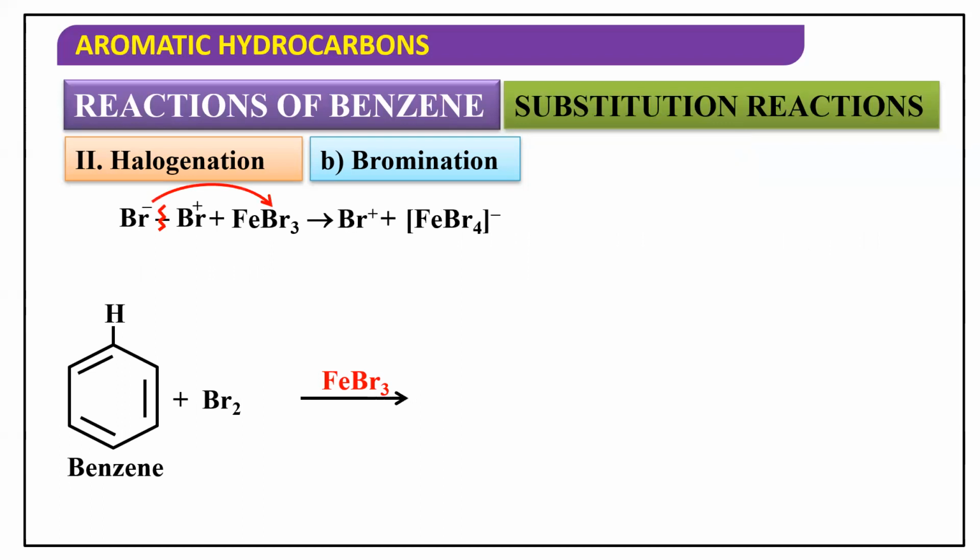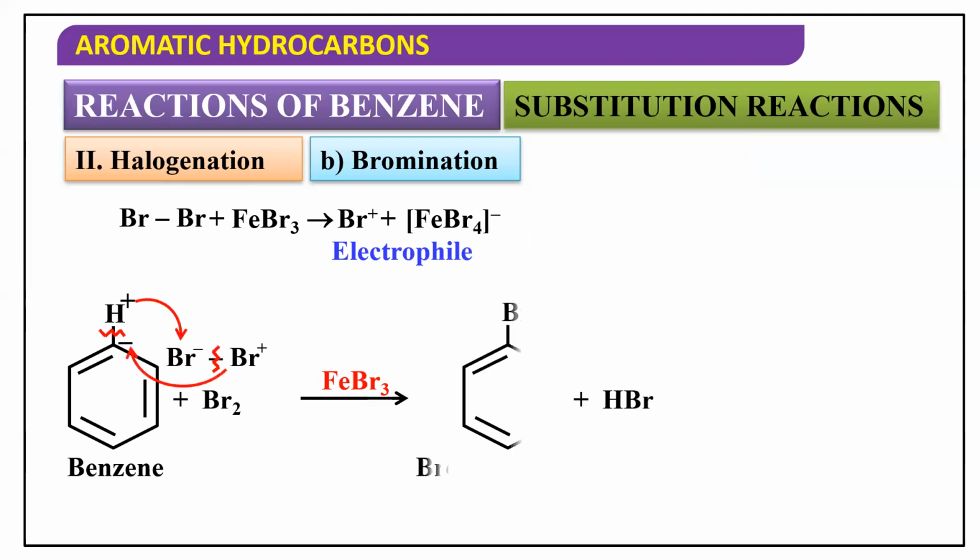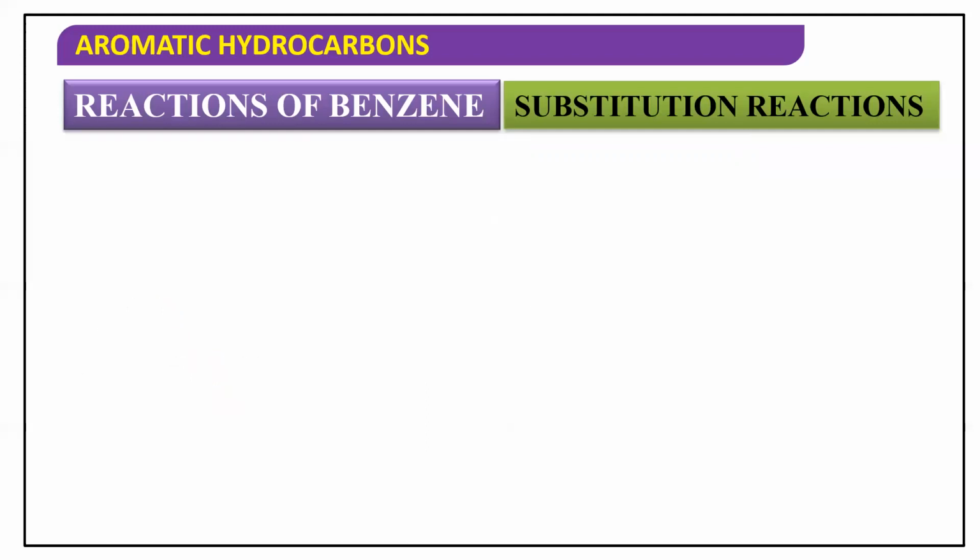So Br plus is first generated, and that Br plus will then attack benzene to form bromobenzene. One of the bromine atoms, Br minus, takes away H plus to go out as HBr, and Br plus will attack the pair of electrons to form a bond with carbon, to form bromobenzene.